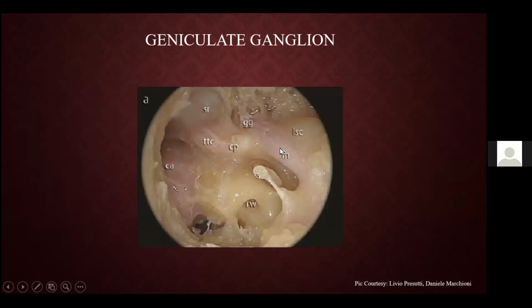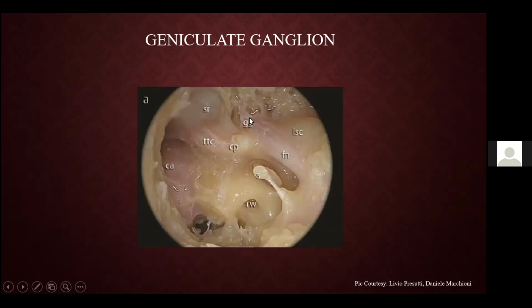I am showing this picture of the left ear after removing the ossicular chain, where only the stapes superstructure is seen. This is the geniculate ganglion area, which is present behind the cog bone, and it is the lateral limit of the labyrinthine segment of the facial nerve.